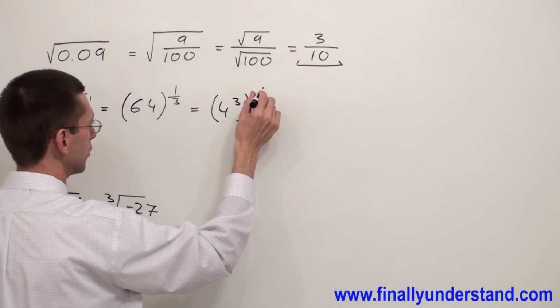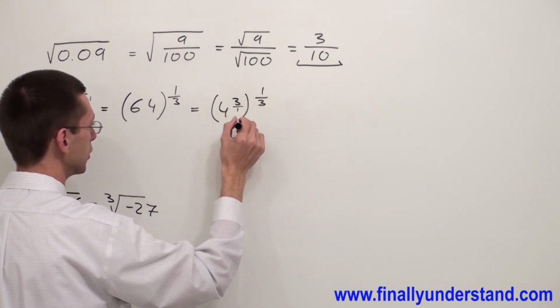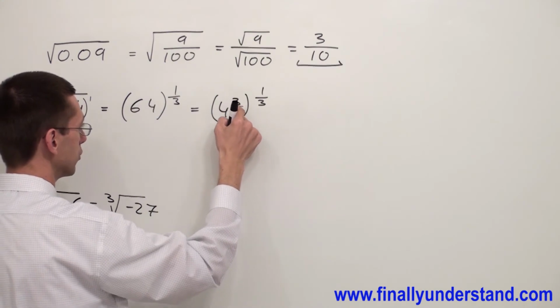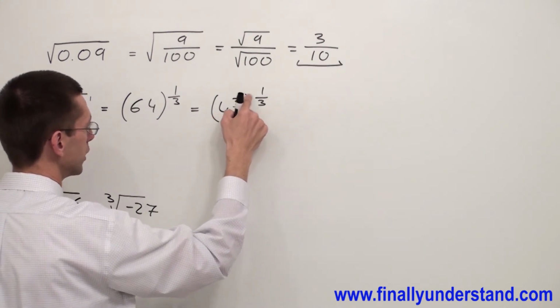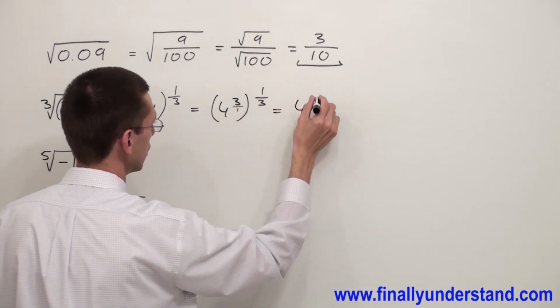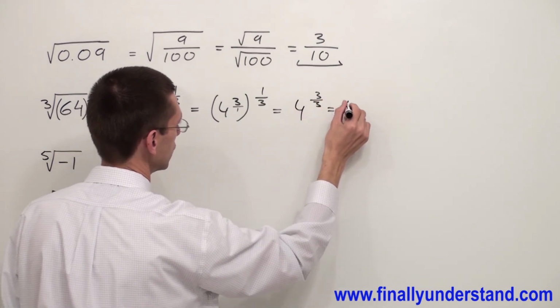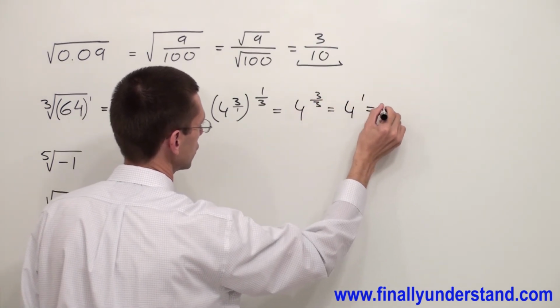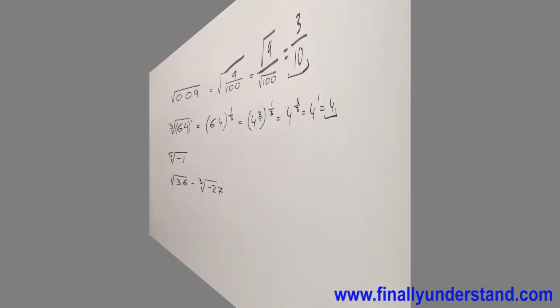Because I have a fraction outside of the parentheses, I can make a fraction inside of the parentheses by making 3 over 1. Anytime we multiply fractions, we have to multiply numerator by numerator, denominator by denominator. That's why I'm going to have 4 to the 3 over 3. 3 divided by 3 is 1, so I have 4 to the 1st, which is equal to 4. This is the solution to this problem.